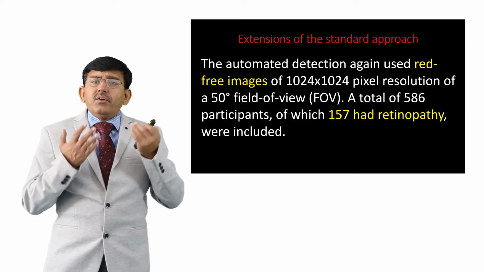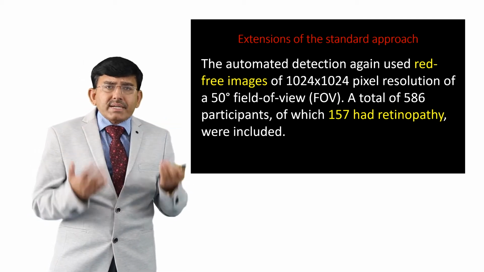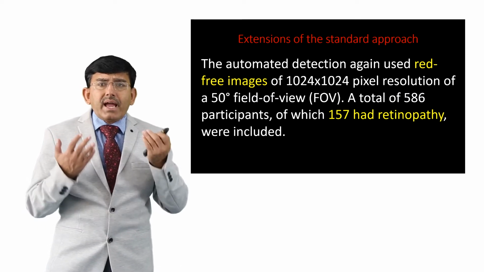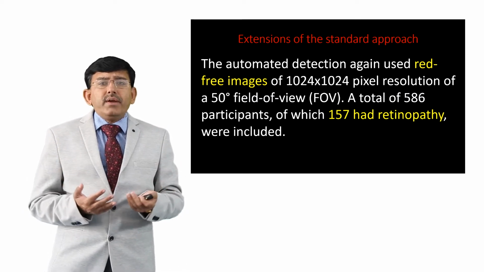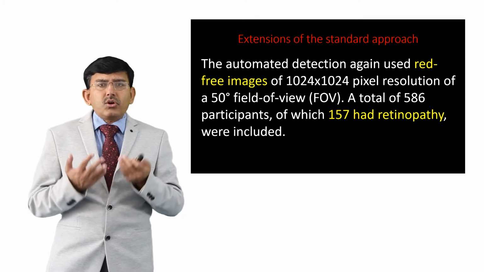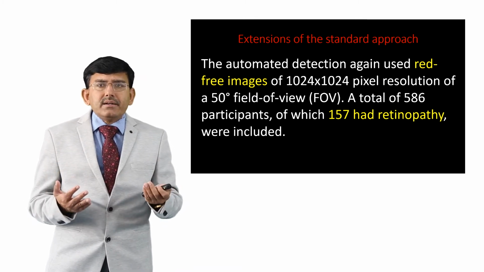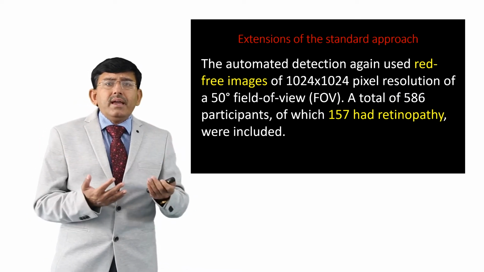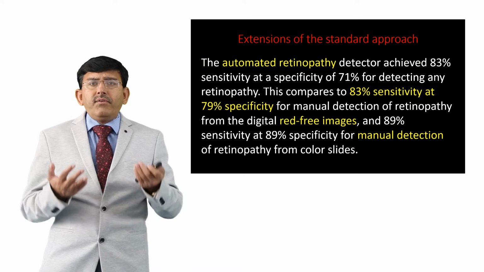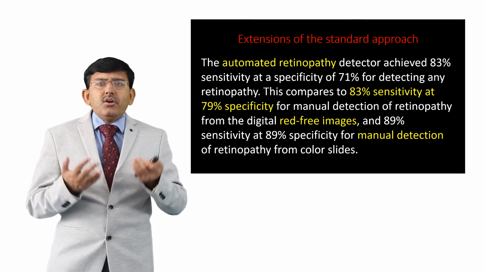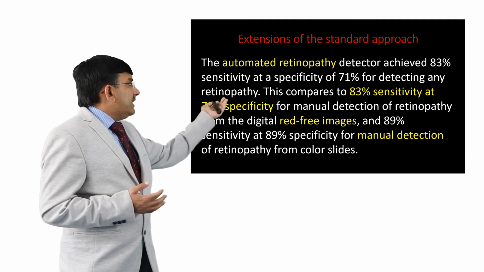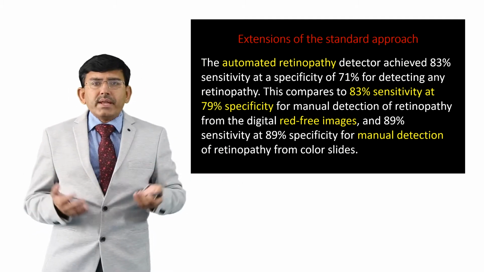A total of 586 participants, of which 157 had retinopathy, were included. The automated retinopathy detector achieves 83% sensitivity at a specificity of 71% for detecting any type of retinopathy during screening programs.